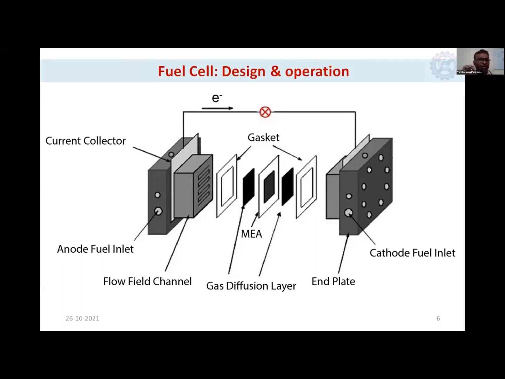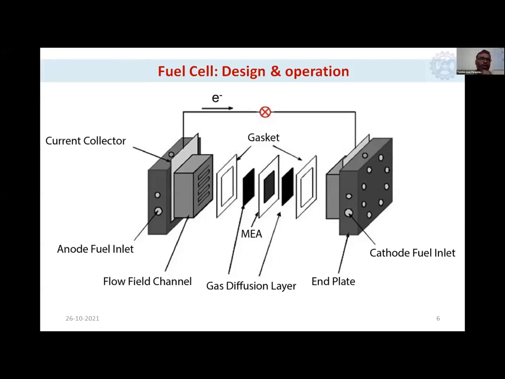Because there is something called a three-phase boundary, or triple-phase boundary, where you have your catalyst, your electrolyte, and you also should make a provision to carry the gas, fuel or oxidant, all the way to the triple phase boundary. That means at that point, your reactant, your catalyst, and your membrane, all the three should meet. At that point only these reactions happen.